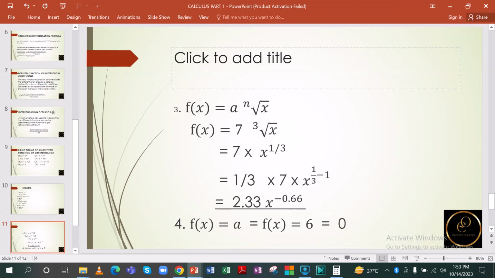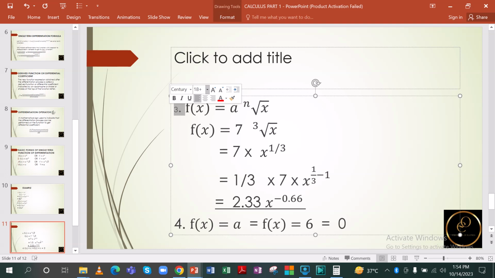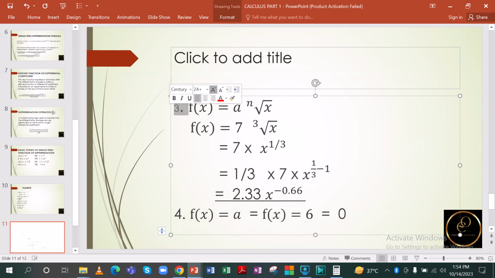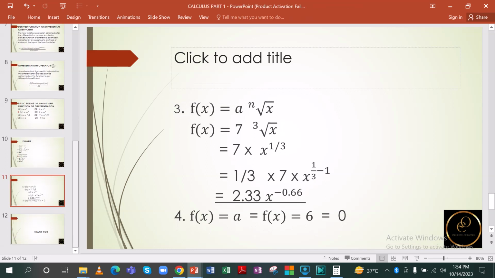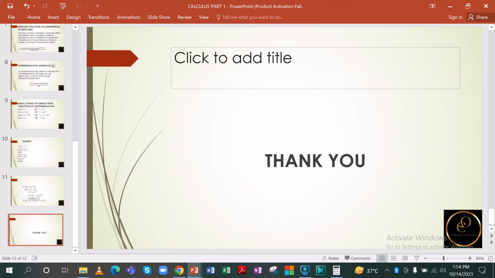This is more of an introductory part. We'll look at these functions in a little more detail, and then we'll be very comfortable dealing with them. So for this presentation, we come to the end.